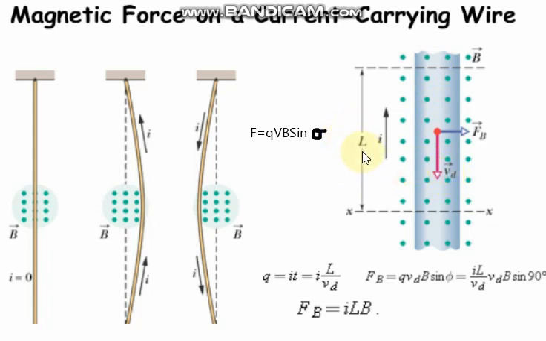The distance which the charges are traversing in time t is L. So time t will be given by L divided by the velocity Vd with which the charges are moving.